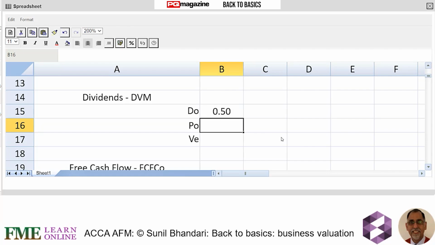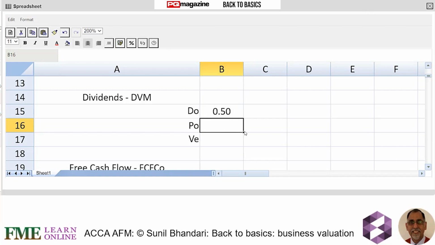Okay, now I know there is an equation for the dividend valuation model on the formula sheets, both FM and AFM, assuming that you've got a constant growth rate in perpetuity.